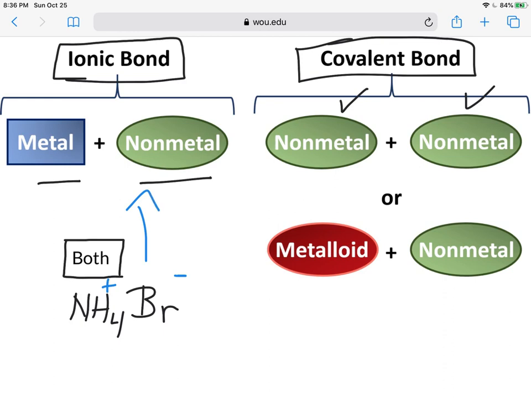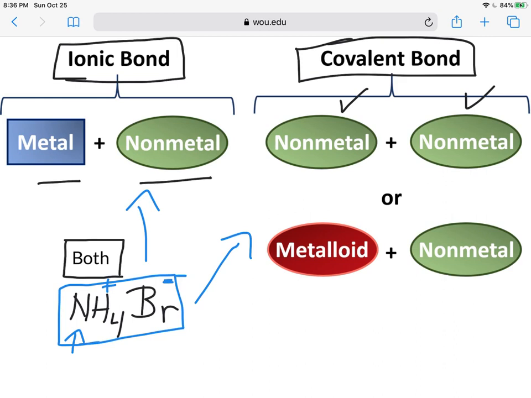However, whenever you have 3 or more elements, it can be both, because that will be an ionic bond, but then you have nitrogen and hydrogen, so you have 2 nonmetals. That's going to be a covalent bond as well. Okay, so anytime you have 3 elements or more, it's both ionic and covalent.